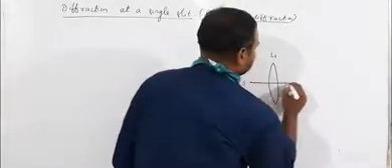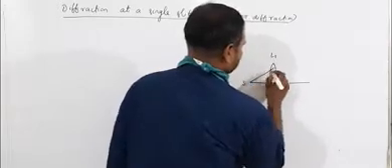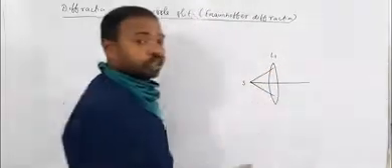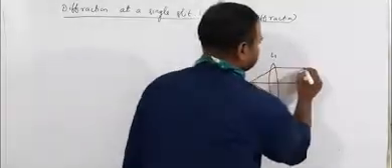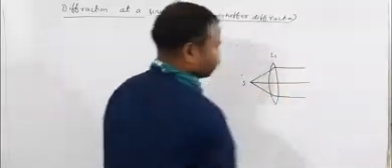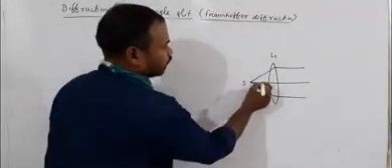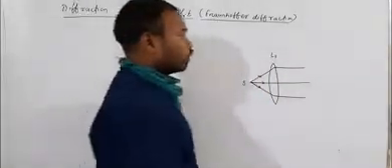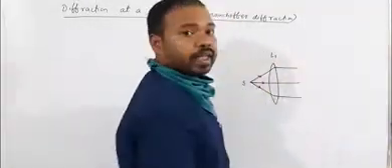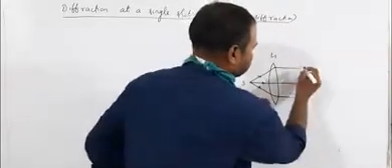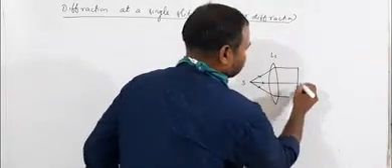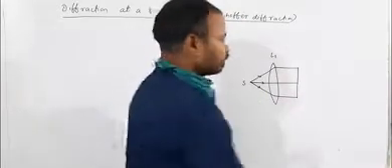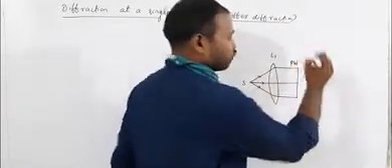Then light rays after passing through this lens become parallel. As light after passing through the lens becomes parallel, we can obtain a plane wavefront. Imagine that this is the plane wavefront.